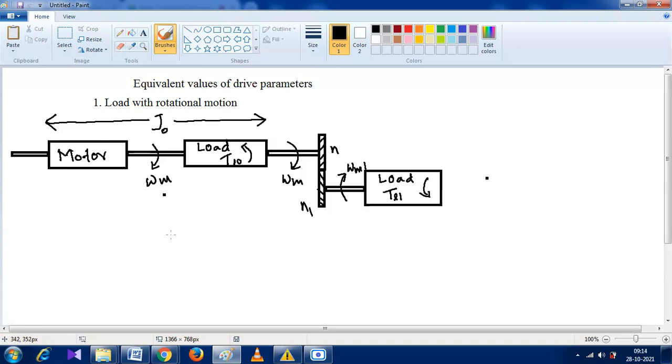So this is the diagram for a load with rotational motion. What do we consider here? What is J0? Tell me, what is J0?